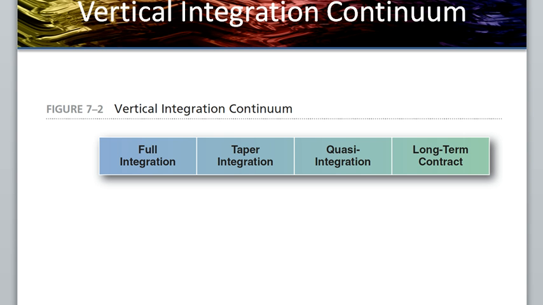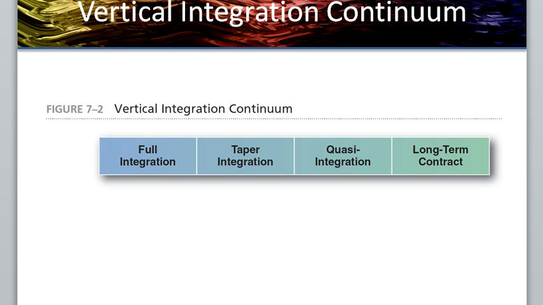Now, regarding the amount of integration a company takes, some companies can be fully integrated, like an oil company, which is usually a typical example of a fully integrated company. Or some companies could have more of a quasi or tapered integration, where it's not producing all of the products it needs. It's producing some of the products and buying the rest from outsiders.